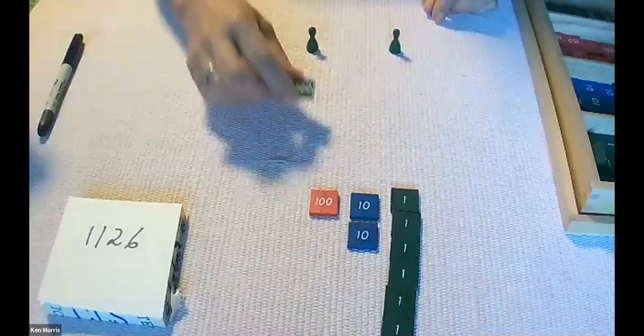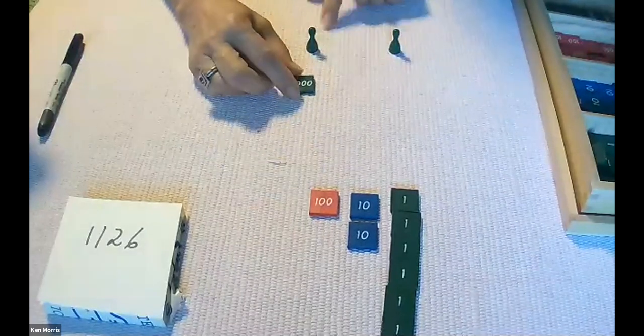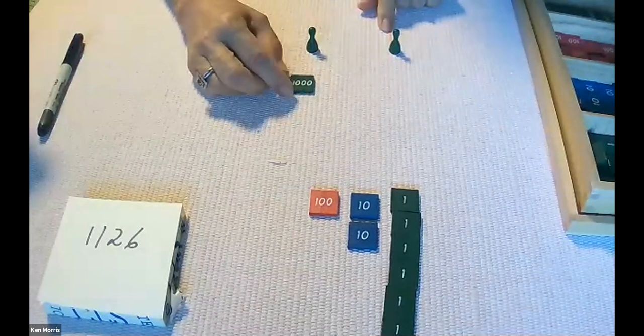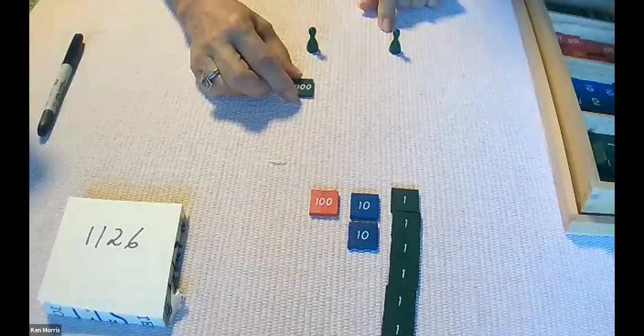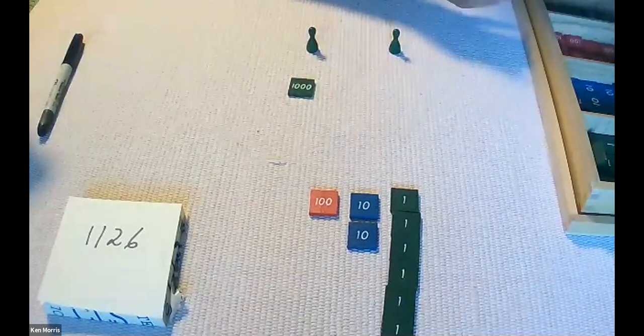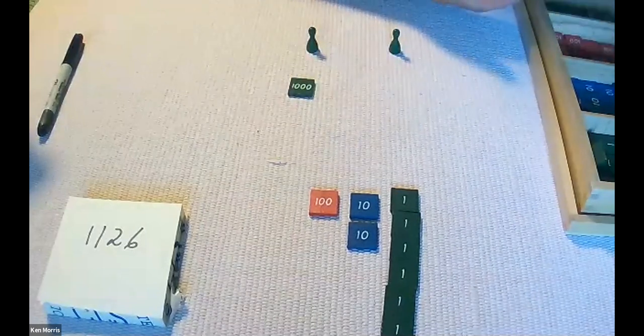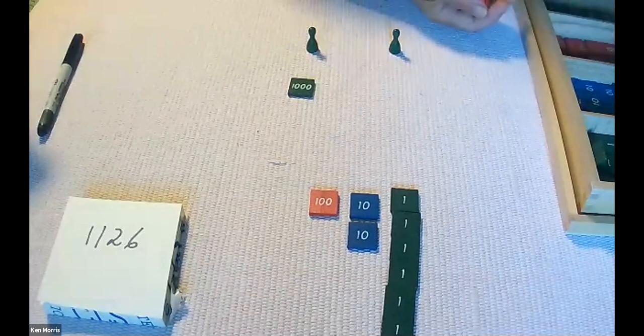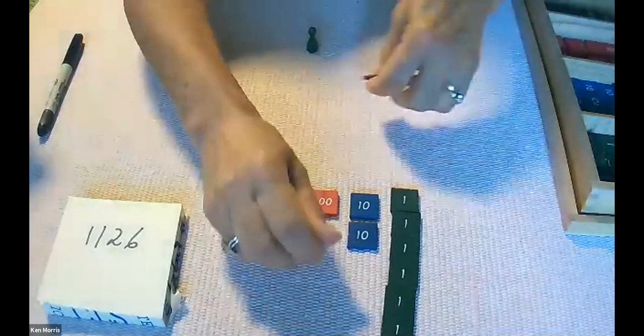Obviously, I don't have enough thousands to evenly distribute among my divisor of 2. So I need to exchange this 1,000 for 10 hundreds. 2, 3, 4, 5, 6, 7, 8, 9. Okay, 10 hundreds.